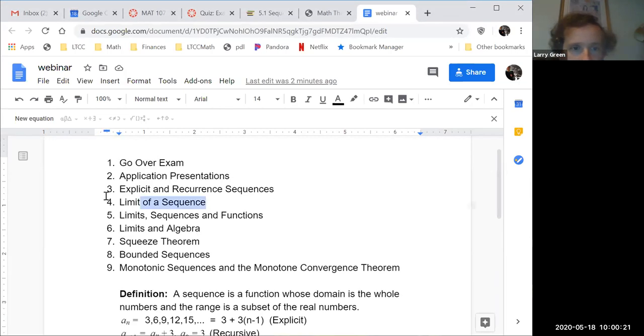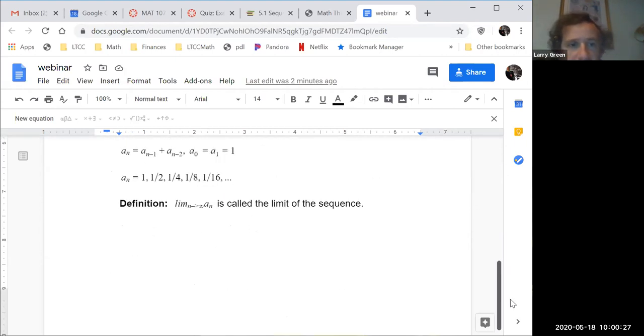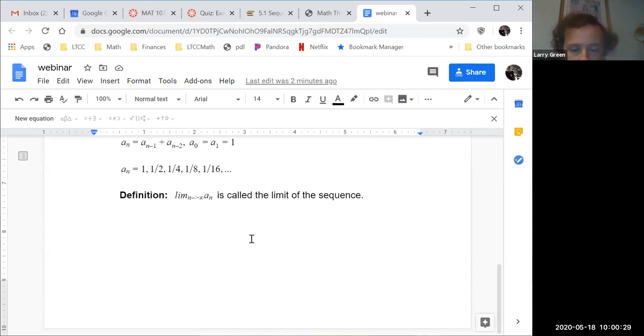So we talked about a limit of the sequence. Let's talk about limits and functions. This is a theorem, and it's a nice theorem. And it says the following.